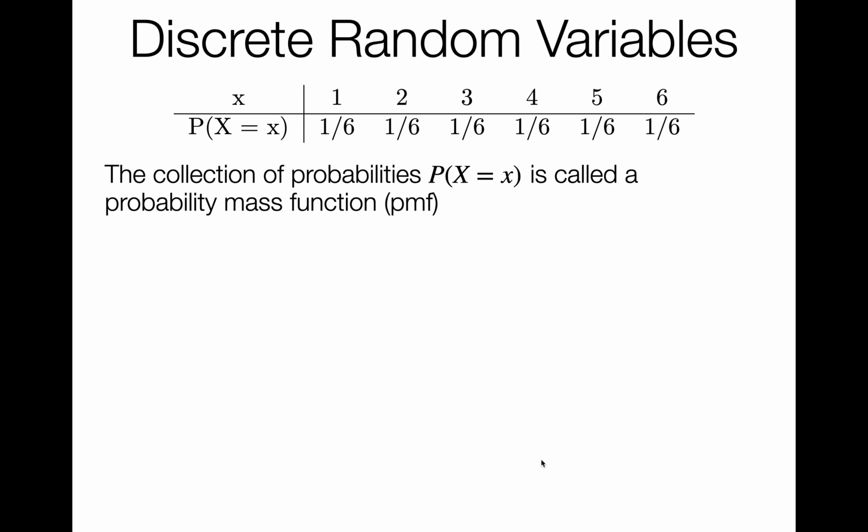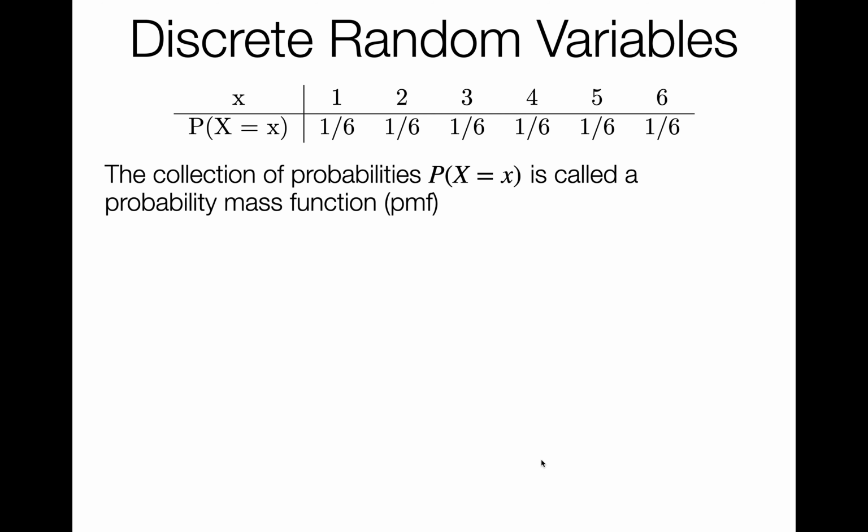It's called a PMF because you can think of each point 1, 2, 3, 4, 5, or 6 as a mass. Anywhere else, like 1.5 or 2.4 or 3.3, there is no probability at that point.